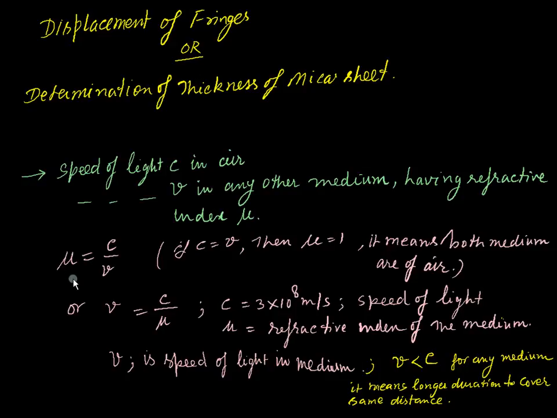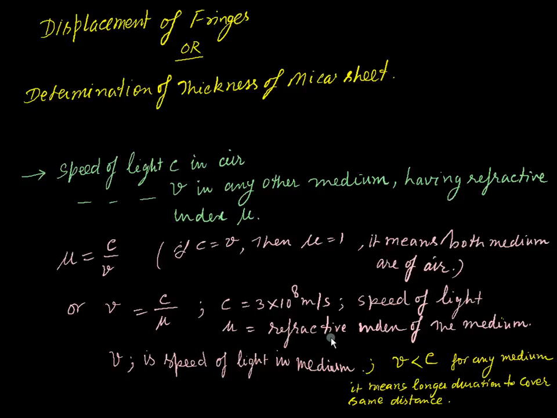So if you have to define the refractive index, you can use this ratio. And if, on the other hand, you have to find the velocity of light in any medium, then you can use this formula v equals c upon mu, where c is the speed of light, that is 3 into 10 raised to power 8 meter per second, and mu is the refractive index of the medium.